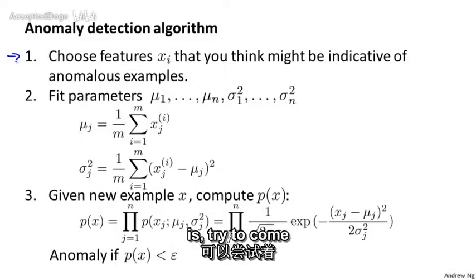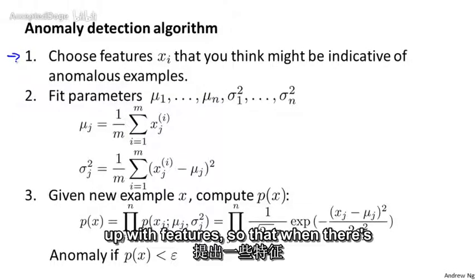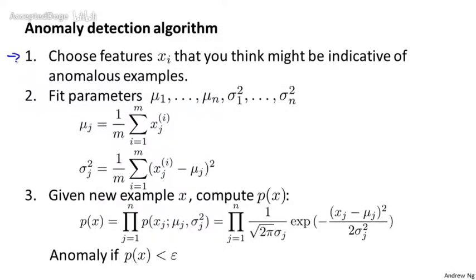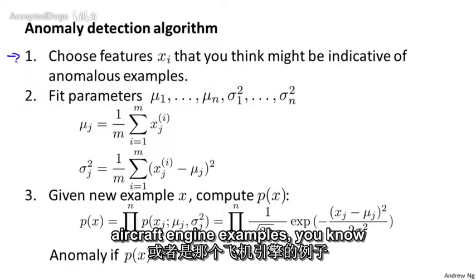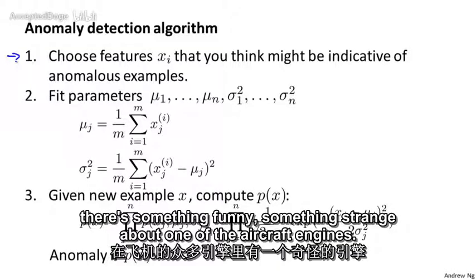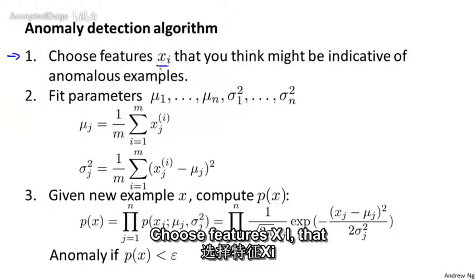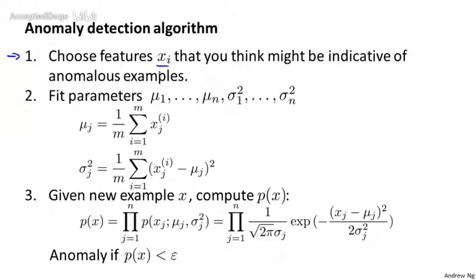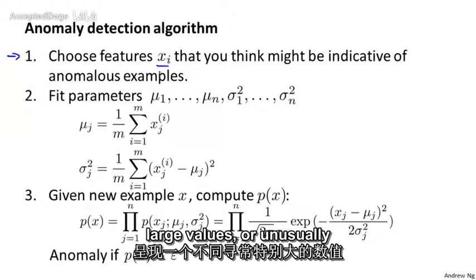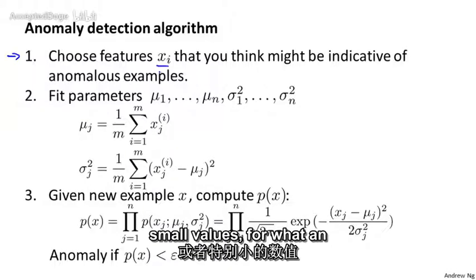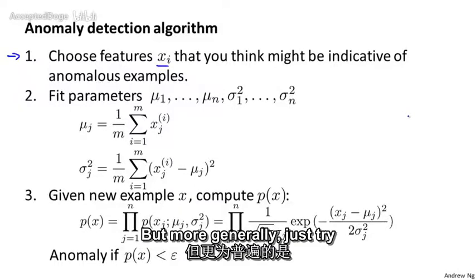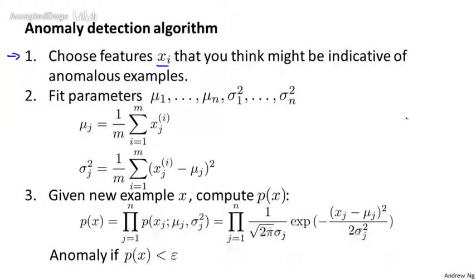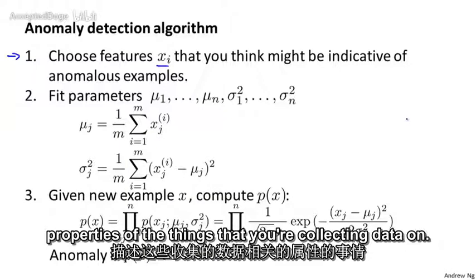What I mean by that is, try to come up with features so that when there's an unusual user in your system that may be doing fraudulent things, or, for the aircraft engine example, when there's something strange about one of the aircraft engines, choose features xi that you think might take on unusually large values or unusually small values for what an anomalous example might look like. But more generally, just try to choose features that describe general properties of the things that you're collecting data on.